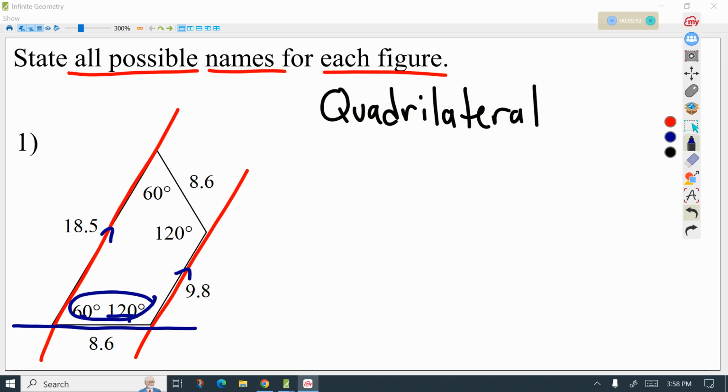And if they're parallel, that means that this has at least 1 pair of parallel sides, and this is a trapezoid. But now that we take a look up here, we see, wait a second, this opposite side that's 8.6 is equal to the other one that's 8.6. So this is a special trapezoid with 2 sides equal. It's called an isosceles trapezoid.